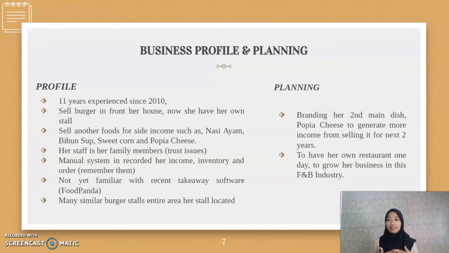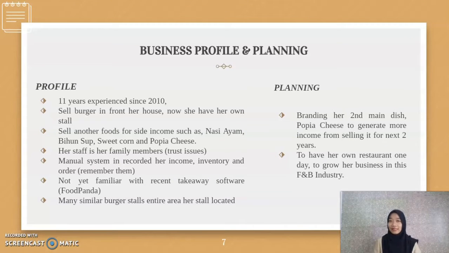Also, this business is not yet familiar with recent takeaway software such as Foodpanda and GrabFood. And also this business has many similar burger stores in the area where her store is located, so they have many competitors.